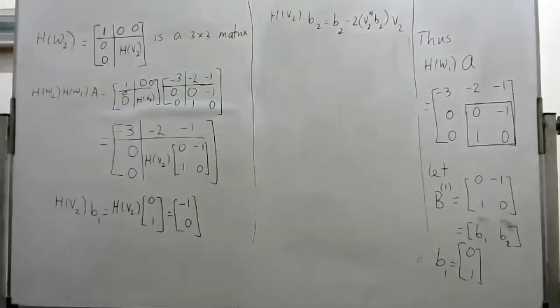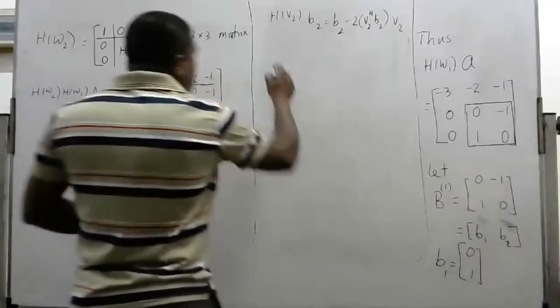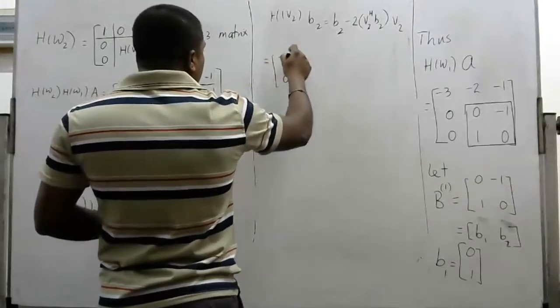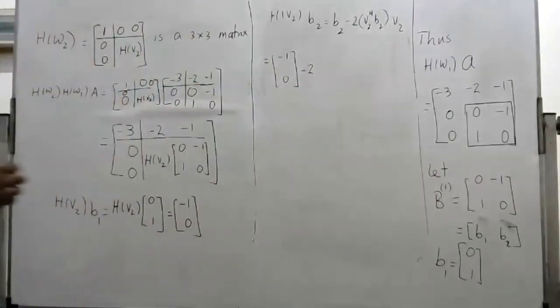So when you multiply each B2 times B2, as we did earlier, what we have is B2 minus 2 times B2 Hermitian times B2 times B2, right? So you can compute this. Your B2 is this, -1, 0, minus 2 times V2 Hermitian.